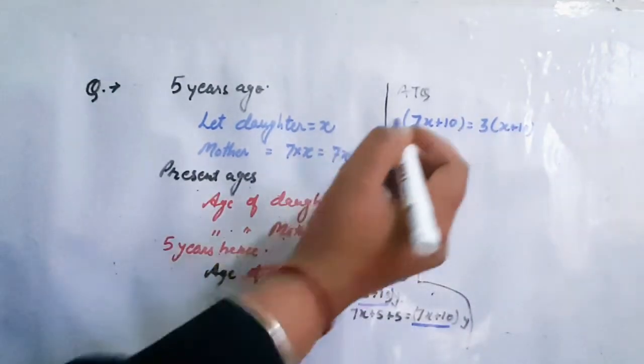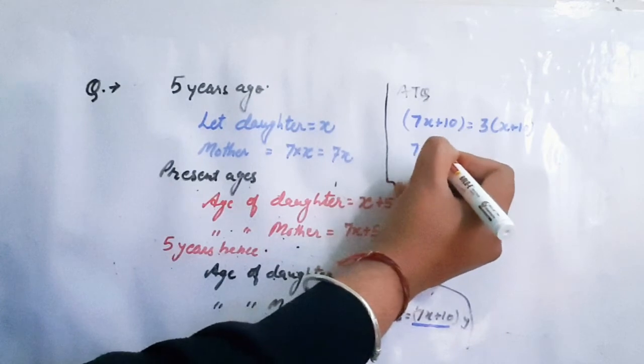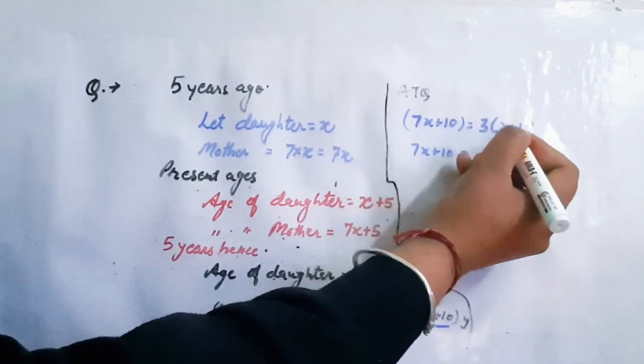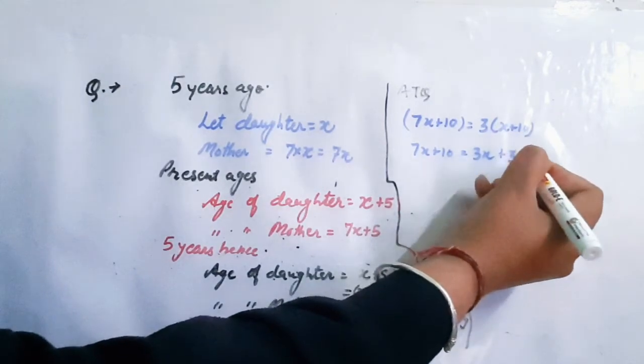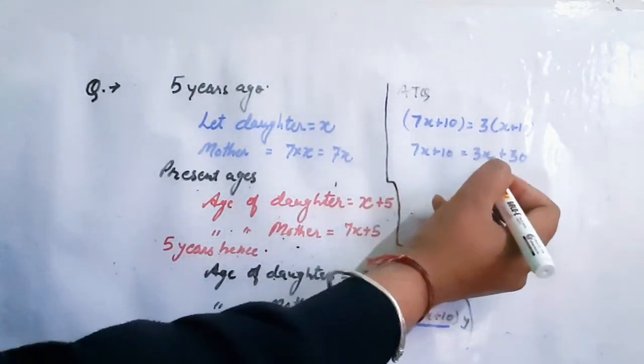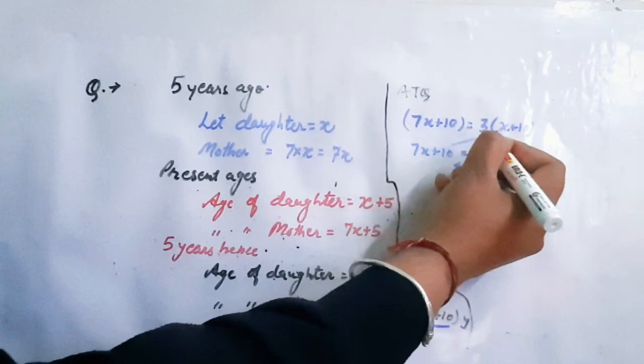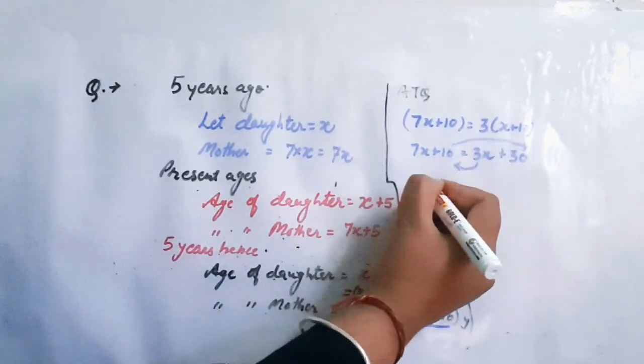Simplify it now. 7x plus 10 as it is will be equal to 3 into x, 3x plus 3 tens are 30. Then bring 3x to the left side, take 10 to the right side.